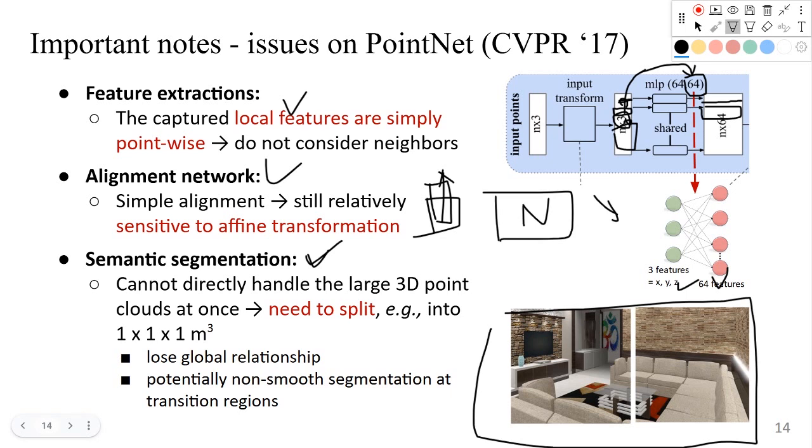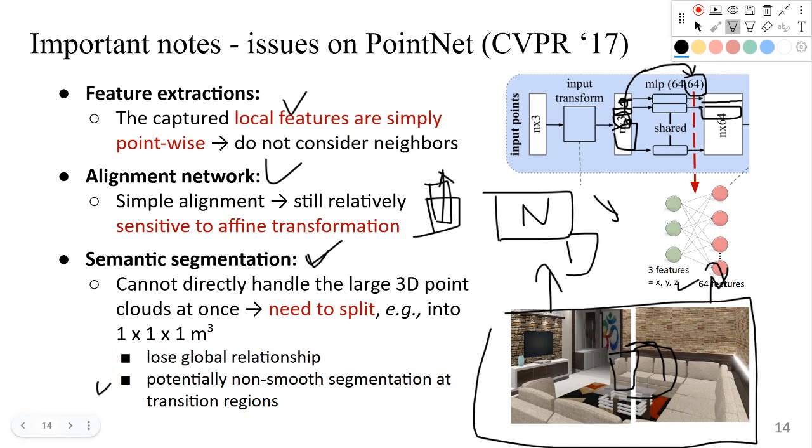The first is that we lose the global relationship. Because we split, we input each piece into the network and segment it, and then segment the next split piece. For example, if we want to recognize this particular chair, if we merged them, the network could learn from the surroundings, but because we split, we lose this global relationship.